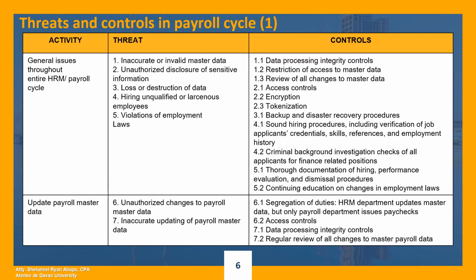The fifth threat will be violations of employment laws. The threat in the HRM payroll cycle is the violation of applicable laws and regulations concerning the proper hiring and dismissal of employees.